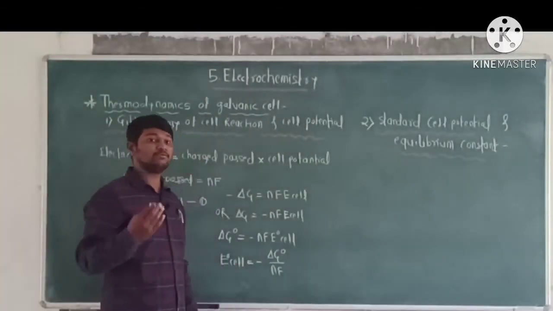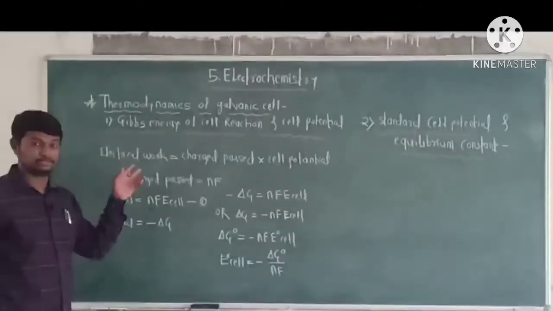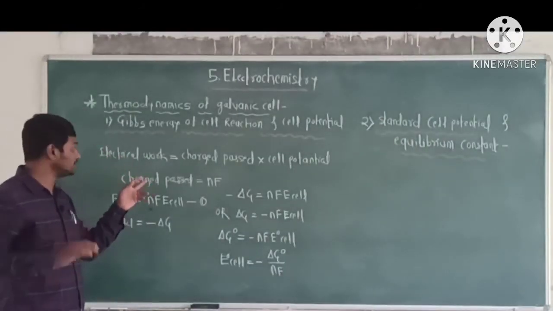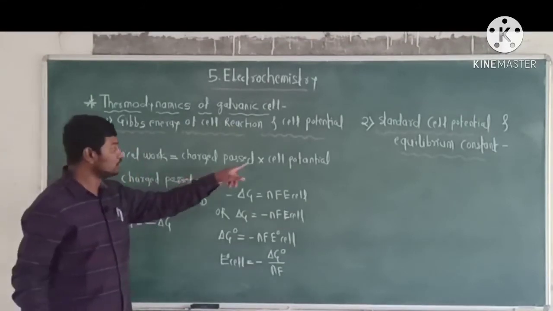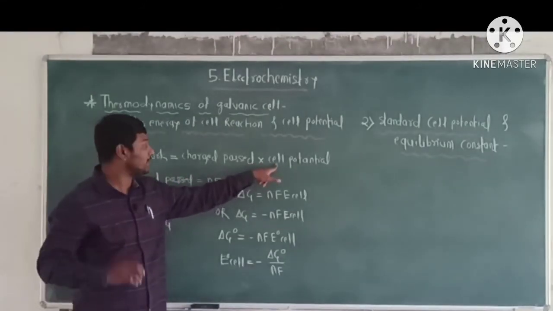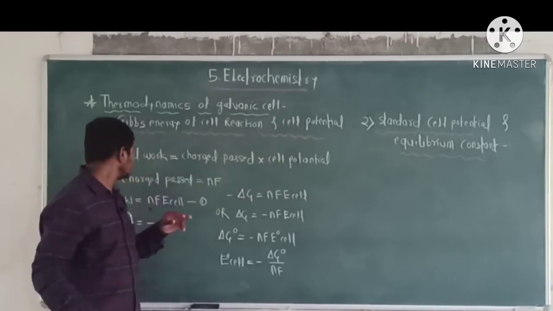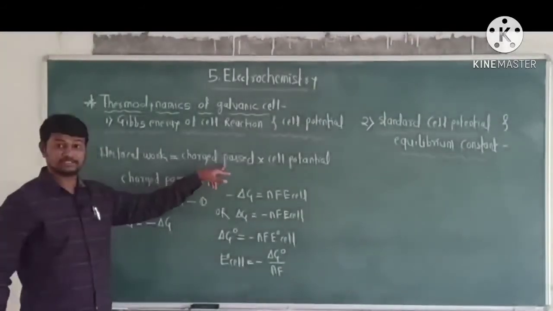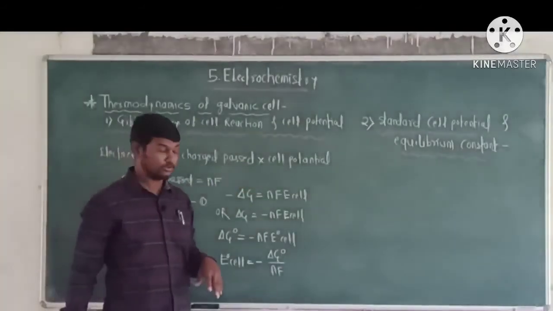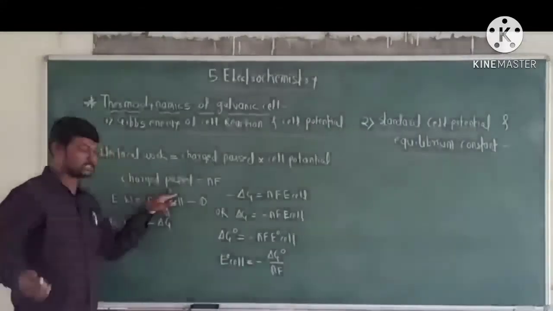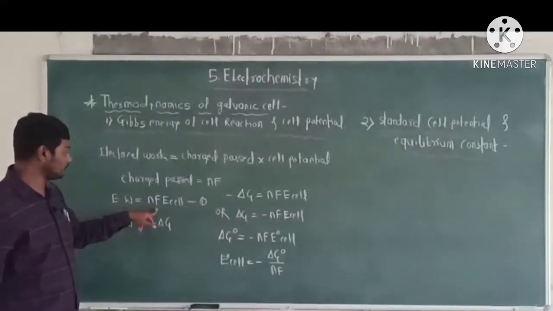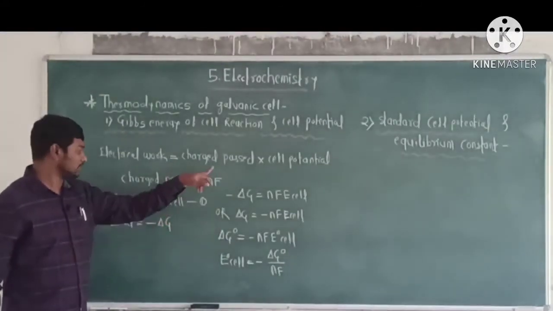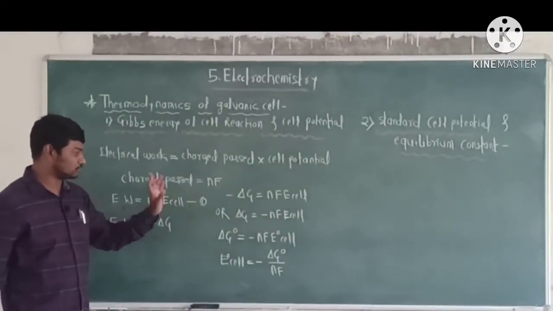Thermodynamics of the galvanic cell, that is Gibbs energy of a cell reaction and cell potential. The electric work in a galvanic cell is equal to charge, that is electricity passed, into the cell potential. Charge passed is equal to nF. Therefore the electric work is equal to nF E cell. This is equation number 1.